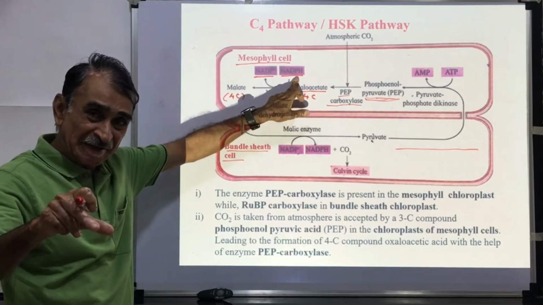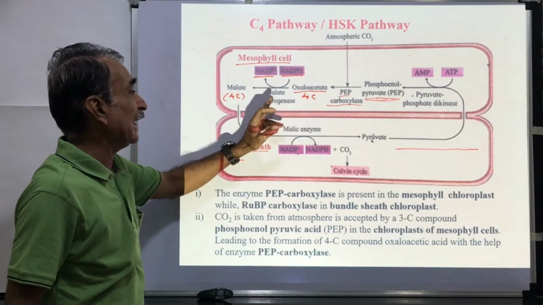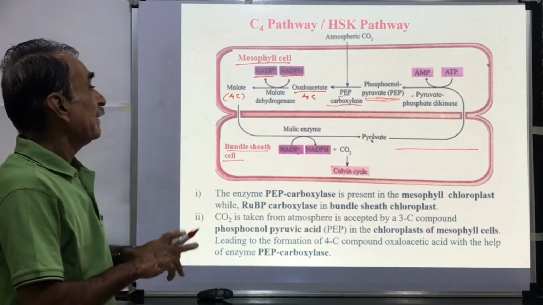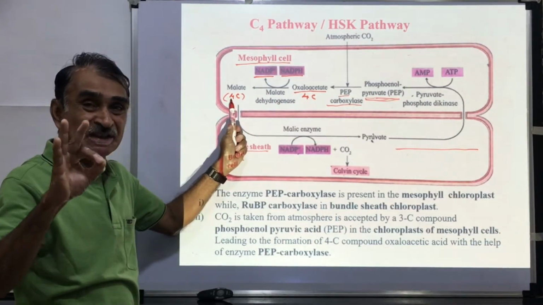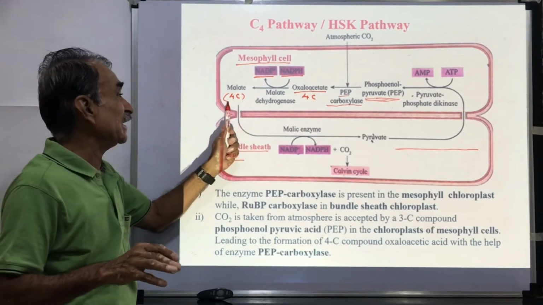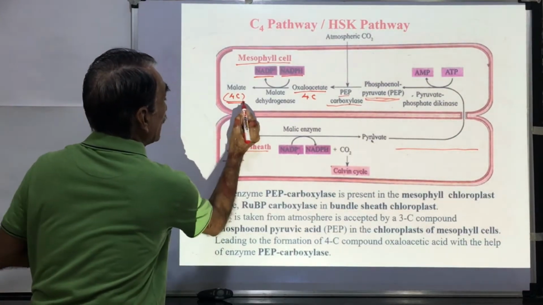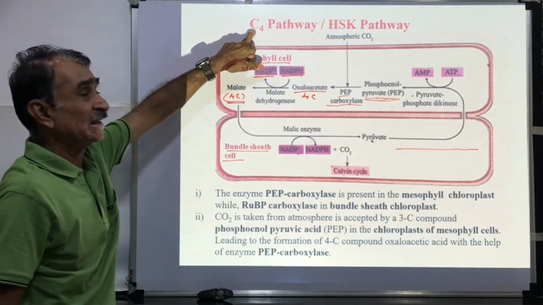NADPH comes from the light reaction. This reaction occurs in the presence of malate dehydrogenase. Malate is the initial stable product of the HSK pathway, and as it is a 4-carbon compound, this path is called the C4 pathway.